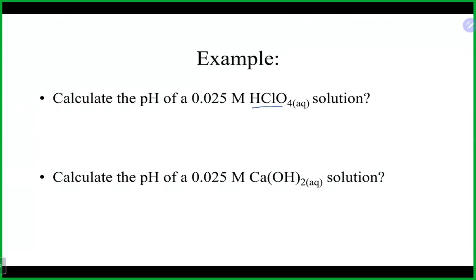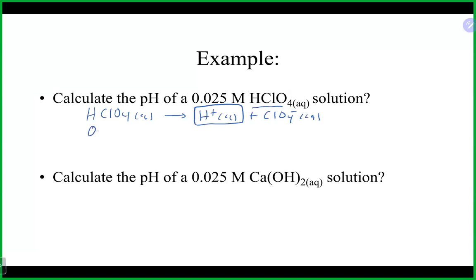So we know that this is going to be a strong electrolyte and going to completely break apart in solution, which means when we have this in solution, it is not going to stay together. It will break apart into H plus and ClO4 minus, perchlorate. And really, it is the H plus concentration that we're interested in to calculate the pH.